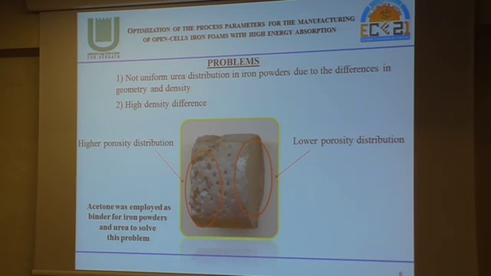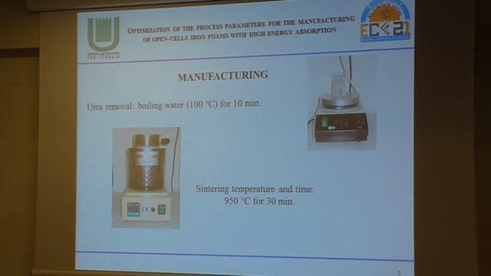We used acetone while mixing iron and urea, and after this step we obtain a uniform porosity distribution of the precursor, not like in this case. Boiling water at 100 degrees C for 10 minutes, and sintering temperature and time 950 degrees C for 30 minutes.